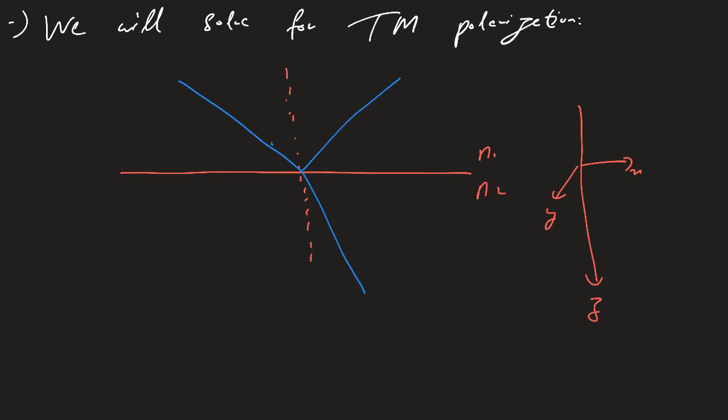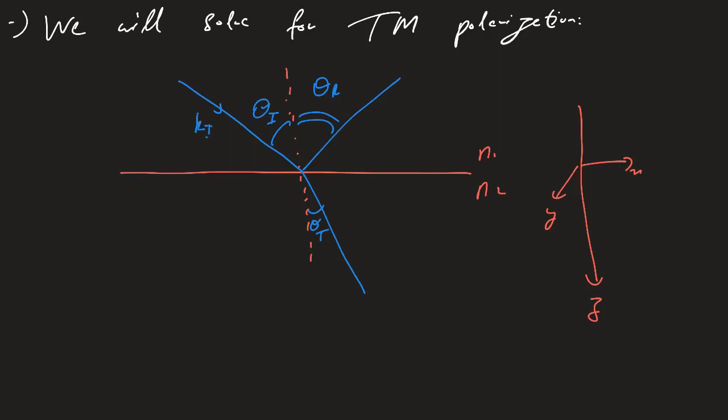Your incoming k vector is coming in at an angle theta incidence, your reflected wave vector is going out at an angle of theta reflected, and this is making an angle theta transmitted.